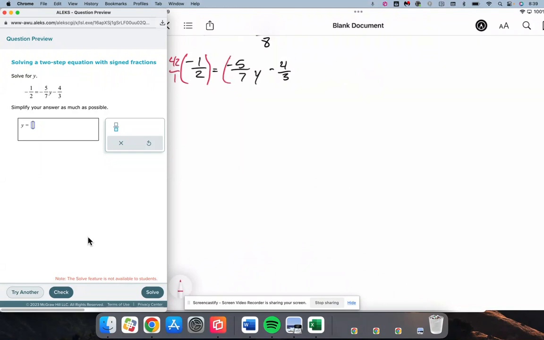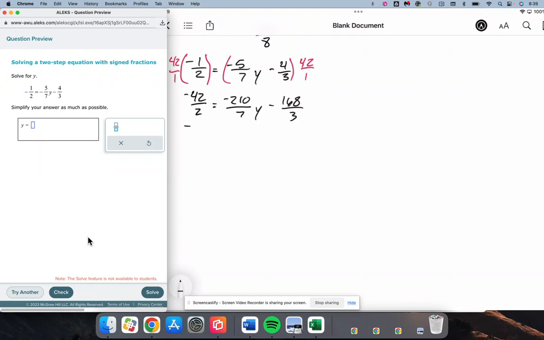So 42 over 1, 42 over 1, and we get negative 42 over 2 is equal to negative 210 over 7 y minus 168 over 3.